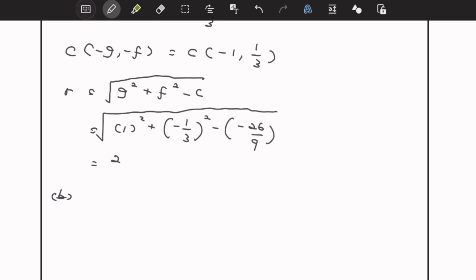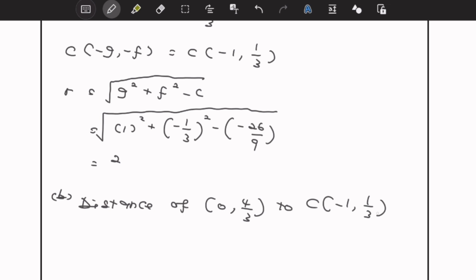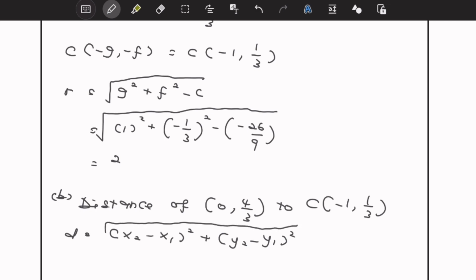So let's start by finding the distance of the point (0, 4/3) to the center (-1, 1/3). Using the distance formula, d equals the square root of (x2 minus x1) squared plus (y2 minus y1) squared.